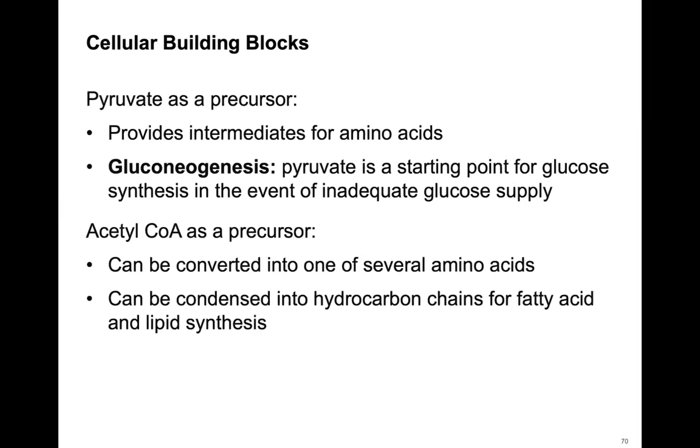Gluconeogenesis is when you take pyruvate as the starting point for glucose synthesis in the event of inadequate glucose supply. Acetyl-CoA can act as a precursor and be converted into one of several amino acids. It can also be condensed into hydrocarbon chains for fatty acid and lipid synthesis.